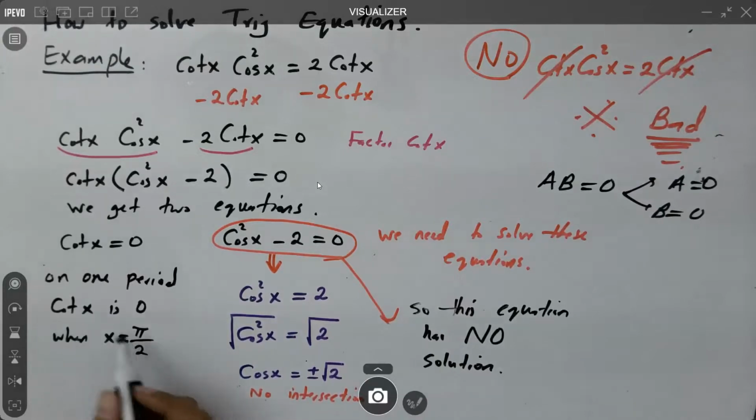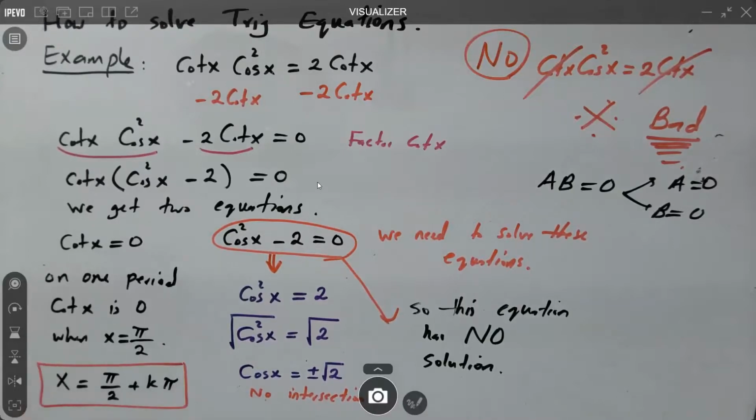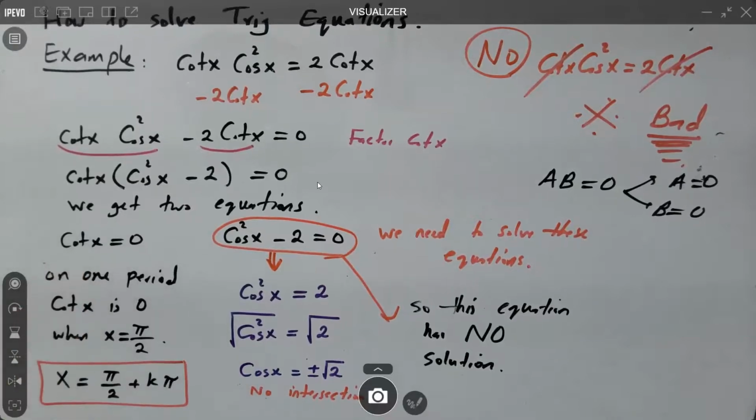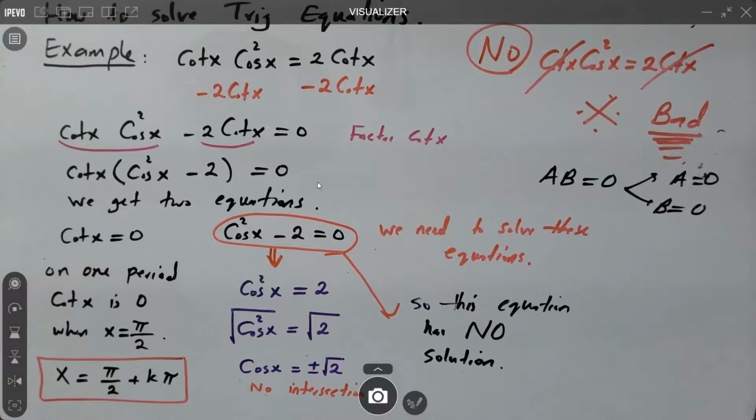So this is on one period. Therefore, the solution set is pi over 2 plus k times pi. Very good. We found the solution from solving cotangent of x equal to 0. Nice and funny.